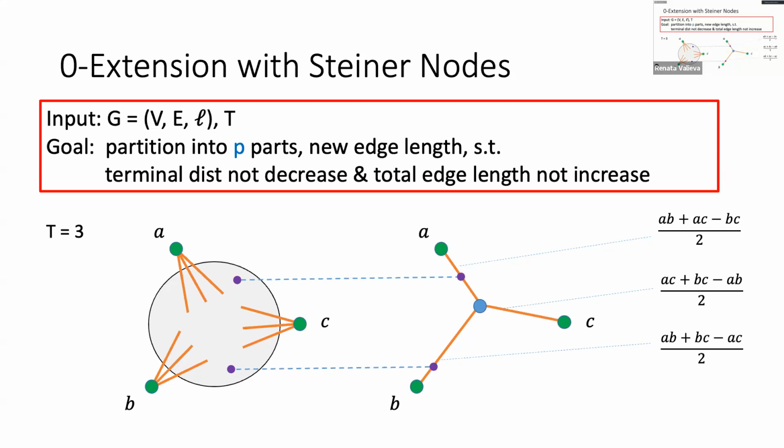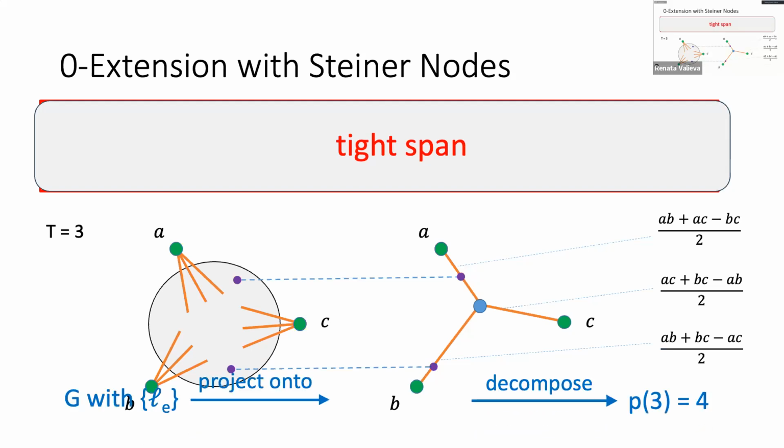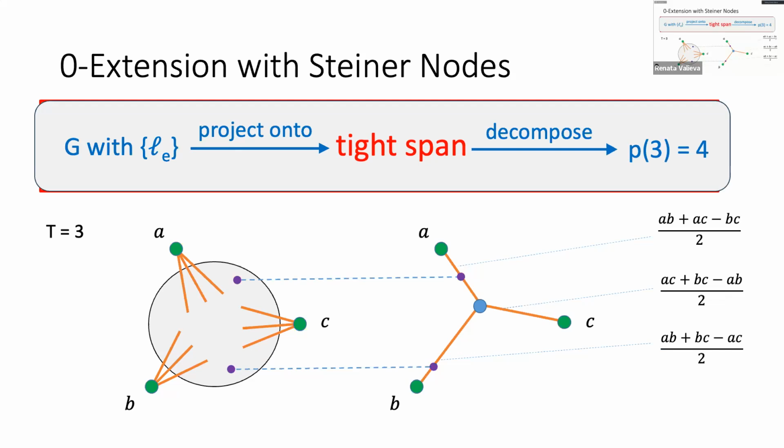Okay, so let's try to make this plan more concrete. This structure actually has a name. It appears in some math literature from the 1980s, and it is called a tight span. This structure, with respect to that metric, not depending on the graph but on the metric, is called a tight span. So what we are really doing is taking the input graph with edge weights, projecting it into the tight span, and then partitioning the tight span.